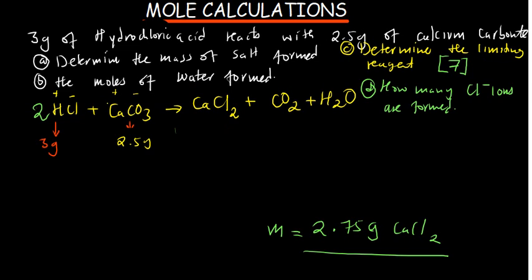So number of moles of calcium chloride is given by mass divided by the molar mass. And the mass of calcium chloride that is formed, we can say that is 2.75. The molar mass of calcium chloride, we determined that as 110. So let's see what we get.